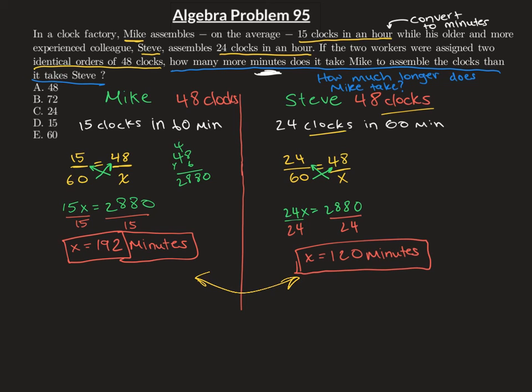Now we'll take 192 minus 120. Before that, a little bit of labeling. This is Mike's time, and this is Steve's time.